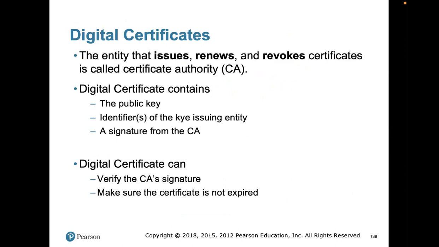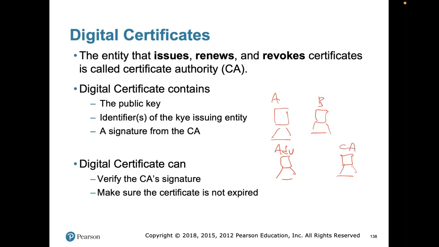Okay, a digital certificate can be generated using a specific party in the network. We have Alice, we have Bob, we have maybe multiple adversaries, and we have a specific node in our network that we call the certificate authority.